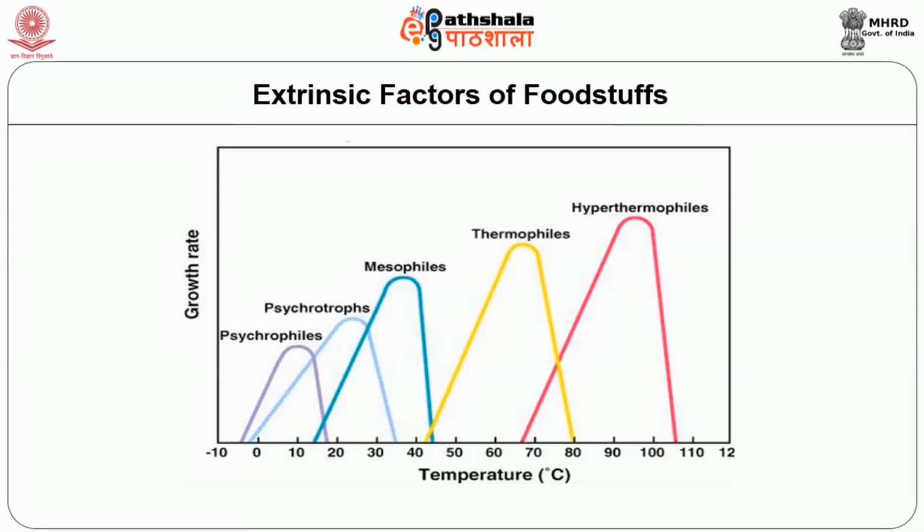Under the minimum temperature, the growth of spoilage organisms ceases, whereas at the maximum temperature range, the microbes are killed. The minimum temperature for growth of Clostridium botulinum, Staphylococcus aureus and Salmonella are 10 degrees Celsius, 7 degrees Celsius and 5 to 6 degrees Celsius respectively.